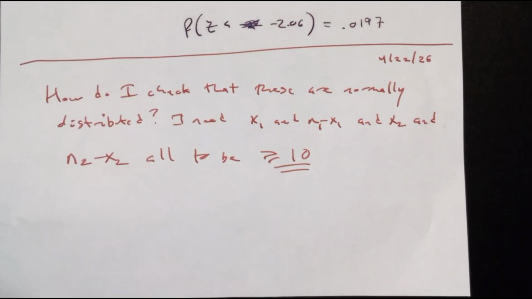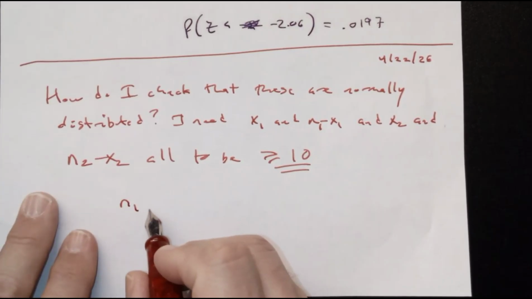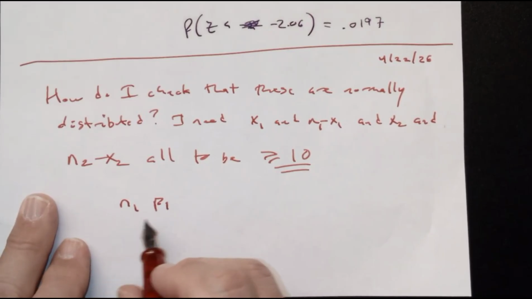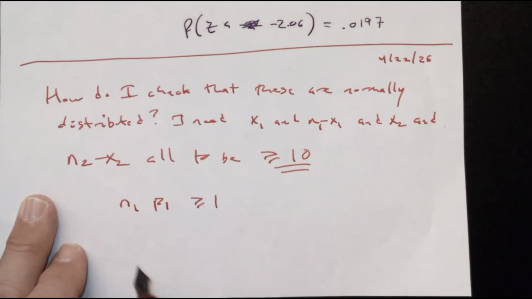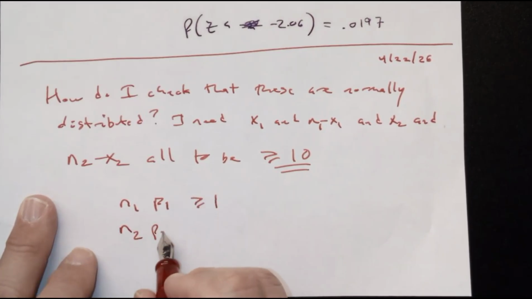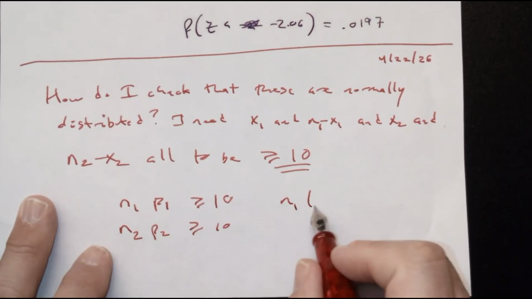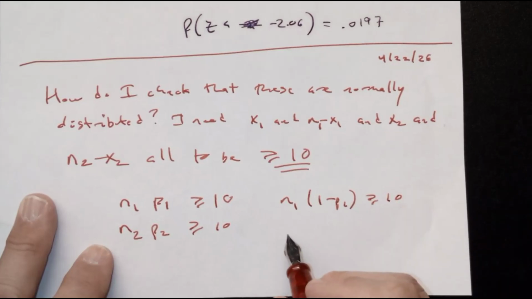Another way to think of this is that the product of n with the proportion is bigger than or equal to 10, and the product of n with 1 minus the proportion is bigger than or equal to 10.